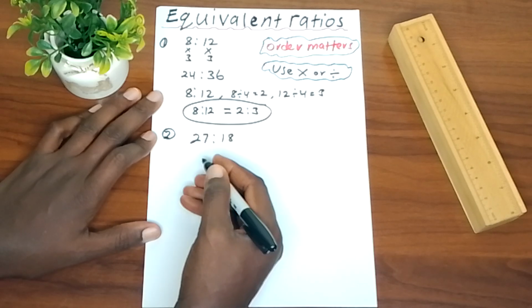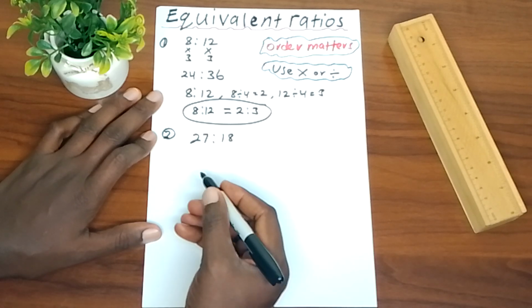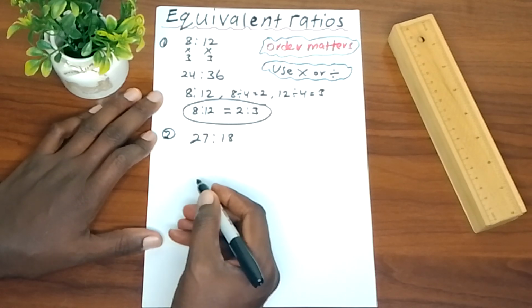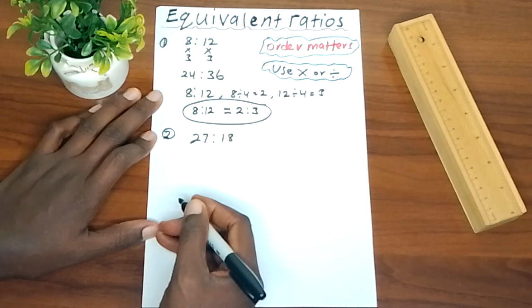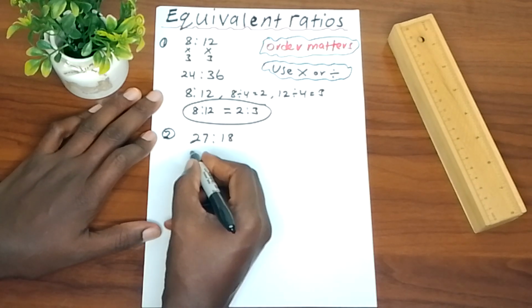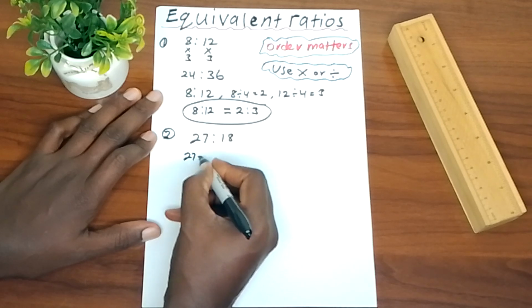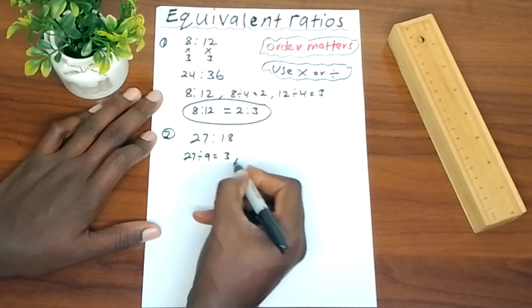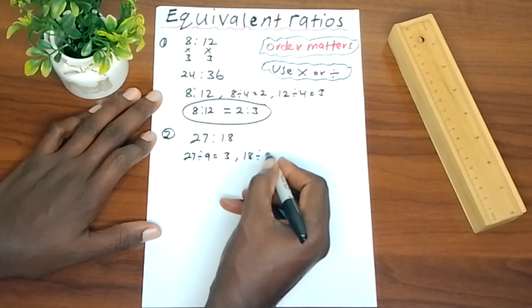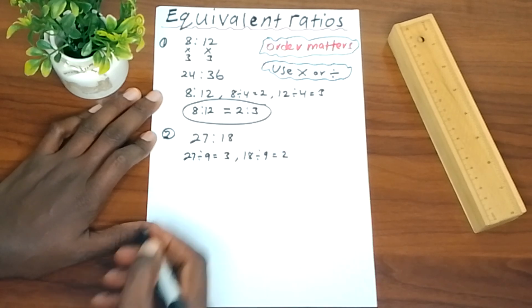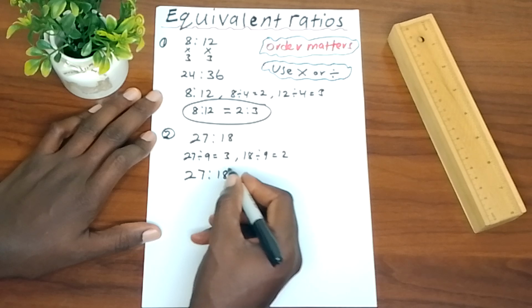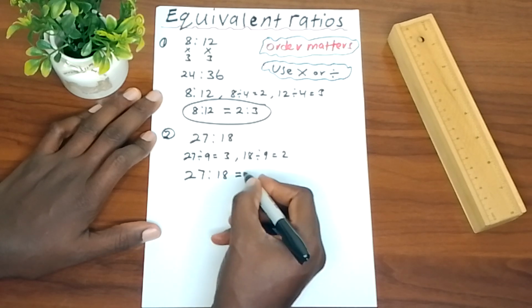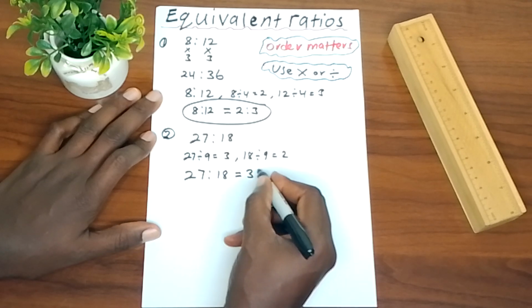We can think of 9 or 3, but we said we will take the greatest common factor of 27 and 18. Now we will use 9. So 27 divided by 9 is 3, and then 18 divided by 9 is 2. So we will say that 27 to 18 is equivalent to 3 to 2.